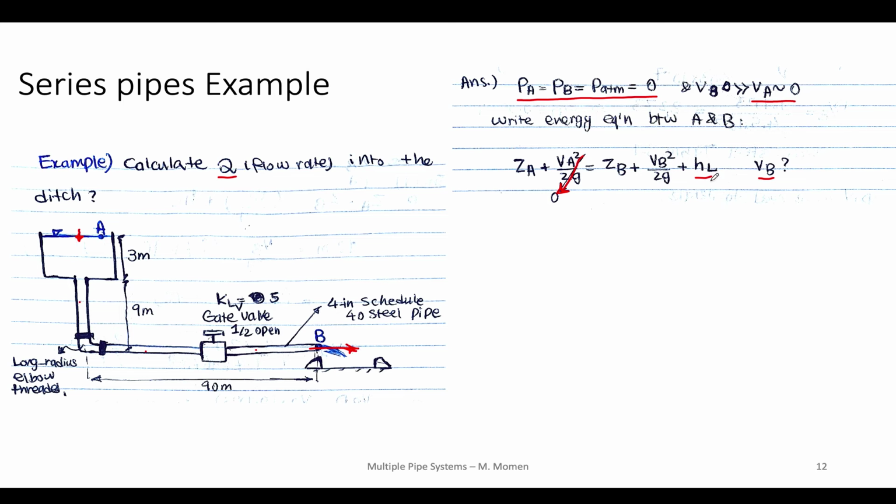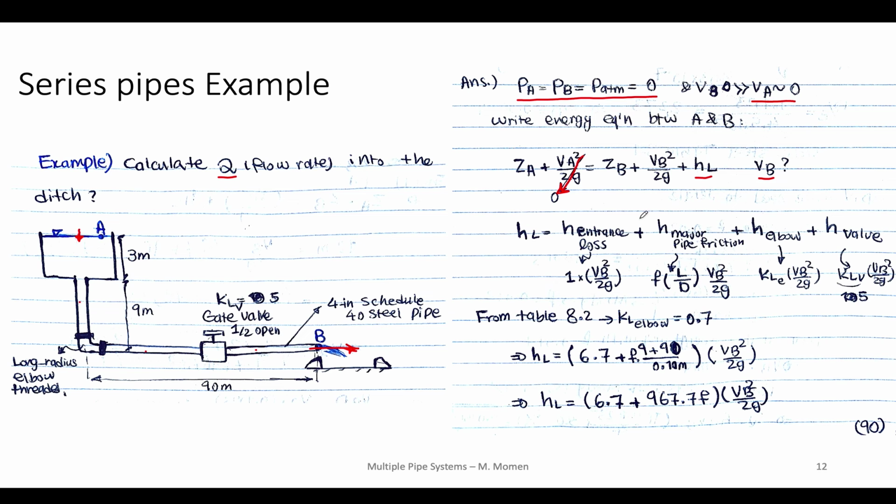So let's first write what HL, the total head loss in the system, is. The total head loss equals the sum of minor head losses in the system plus the major head loss in the system. The major head loss is caused by the pipe friction, and we have 3 pipes here.